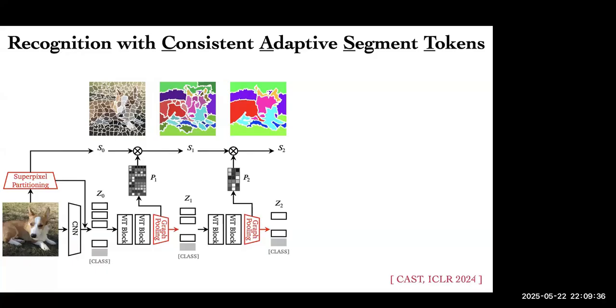The second thing is graph pooling. In ViT, the number of tokens does not change over layers. For us, we are learning this probabilistic transition matrix, this grayscale matrix, as you see on the slide. We have fewer and fewer tokens, and each corresponds to a segment which gets bigger and bigger.